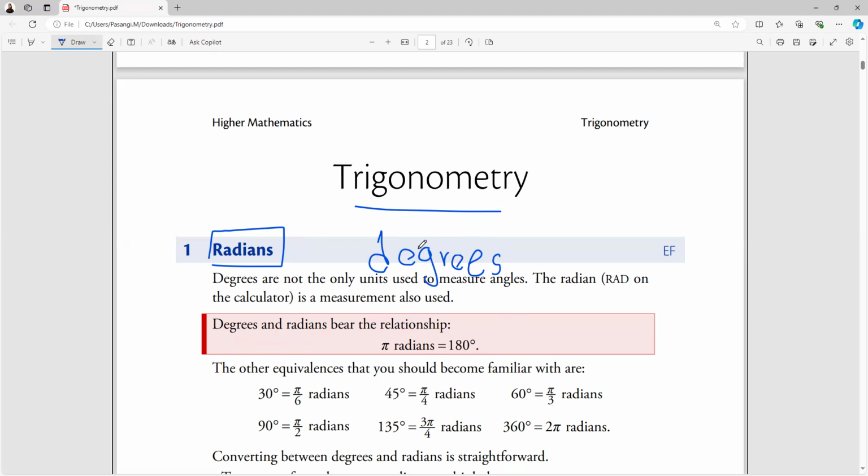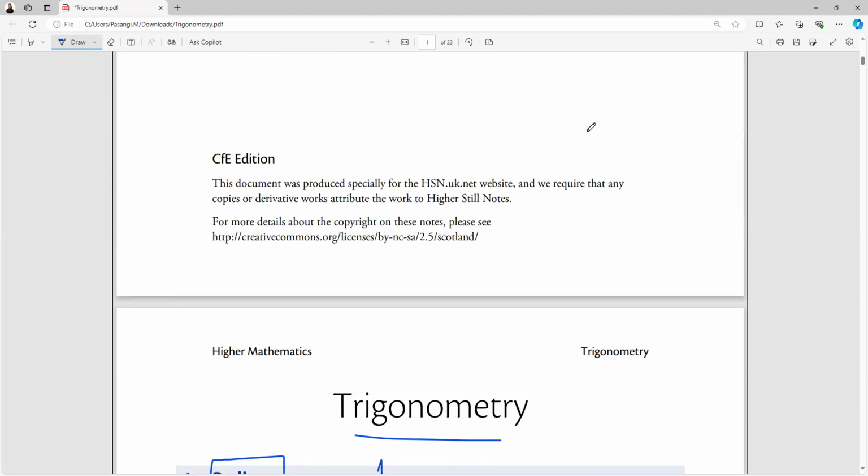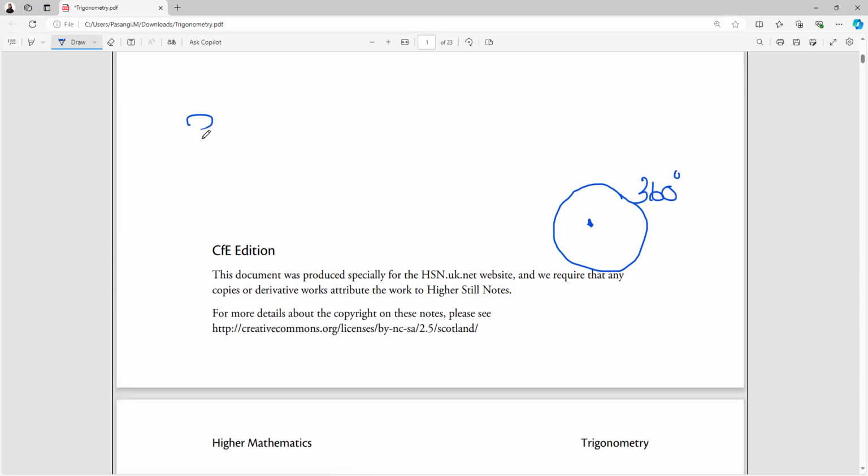If it's a point, what would be the angle around the point in degrees? Yes, that would be 360. So our connection would be 2π. 2π is equal to 360 degrees. This π measures radians.